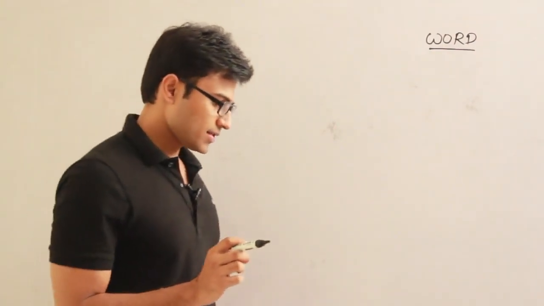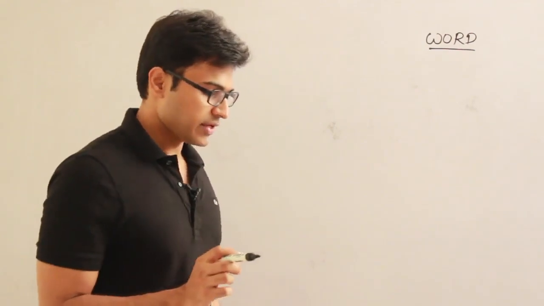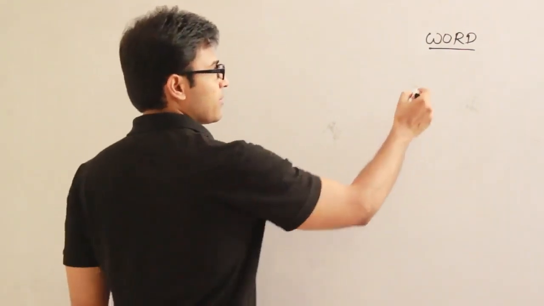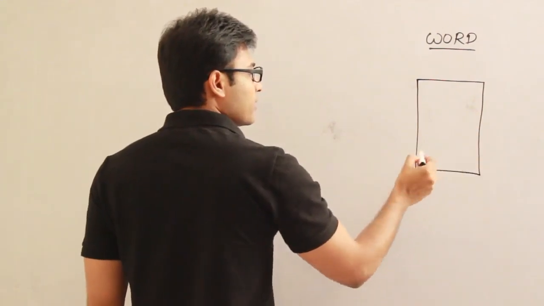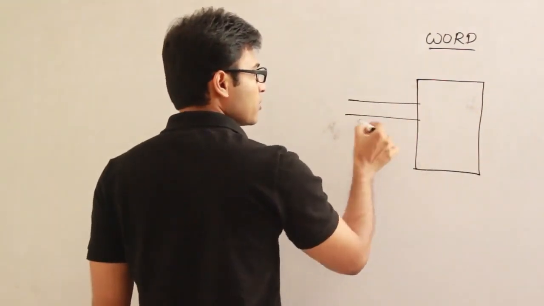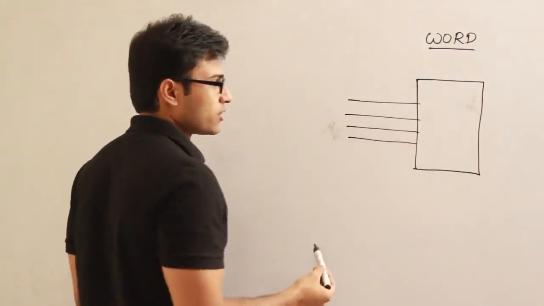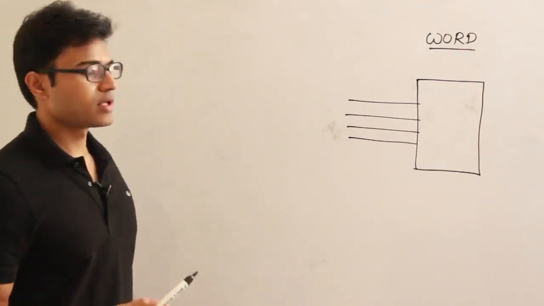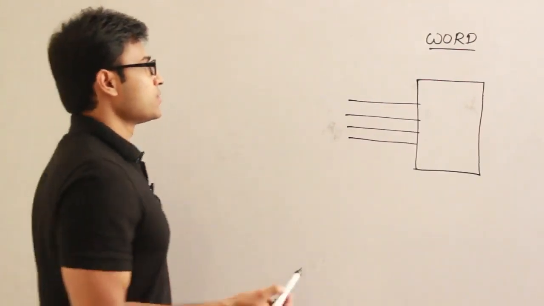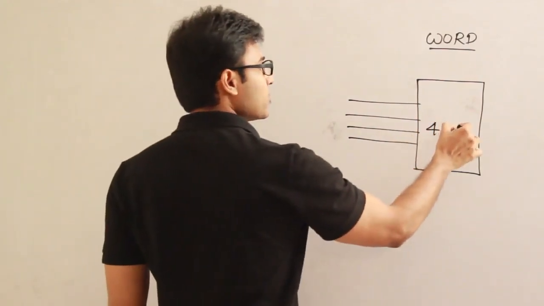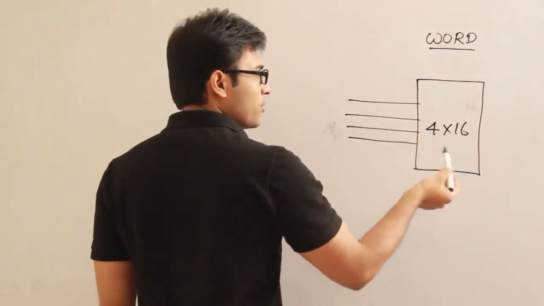And how does this concept of word come into the picture? Maybe if you remember the concept of RAM, there is a decoder, and the decoder is going to be given some input. Please refer to the digital course where I have discussed the concept of RAM. Let us assume it is a 4x16 decoder.